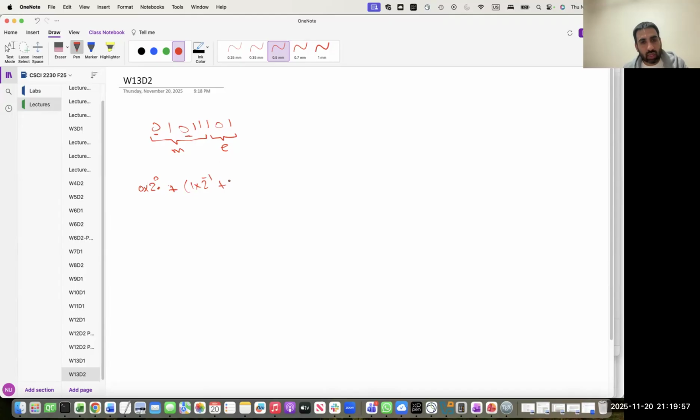Since we have 0, I can write 0 directly here, and then 1 into 2 raised to power minus 3, and then 1 into 2 raised to power minus 4, right? And then multiplied by 2 raised to power 101, which is 5.